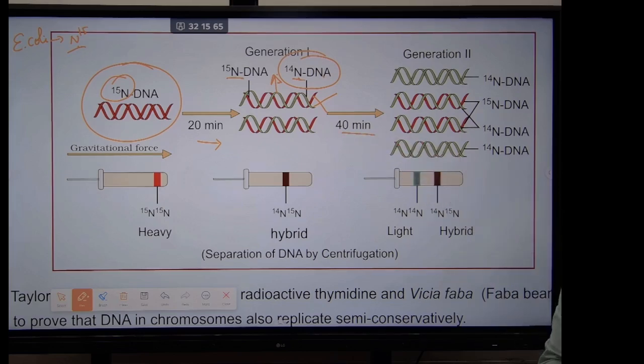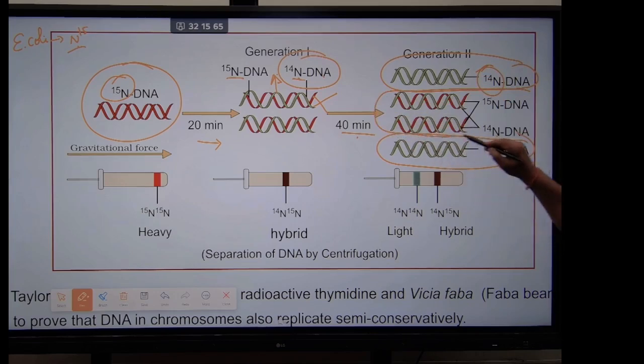And this was continued for the next generation. 40 minutes means 2 generations, because E. coli duplicates every 20 minutes. After 2 generations, what do you notice here? The two molecules that are formed contain completely N14, and the parental molecules still contain one N15 strand and one N14 strand.